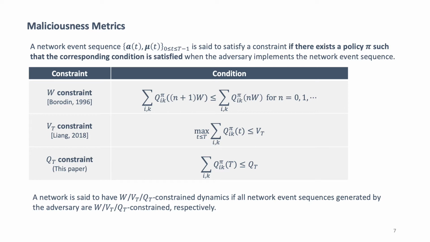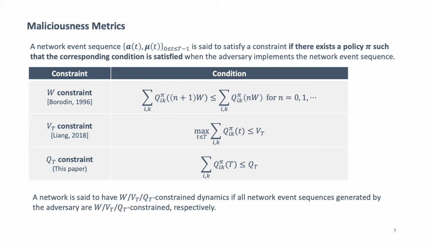For instance, in 1996, the W constraint was proposed. The condition was that for each interval of length W, there exists a policy such that under this policy, the net increase of queue backlog was not positive. Then in 2018, the VT constraint was proposed, requiring that there exists a policy such that under this policy, the peak queue backlog was no greater than VT.